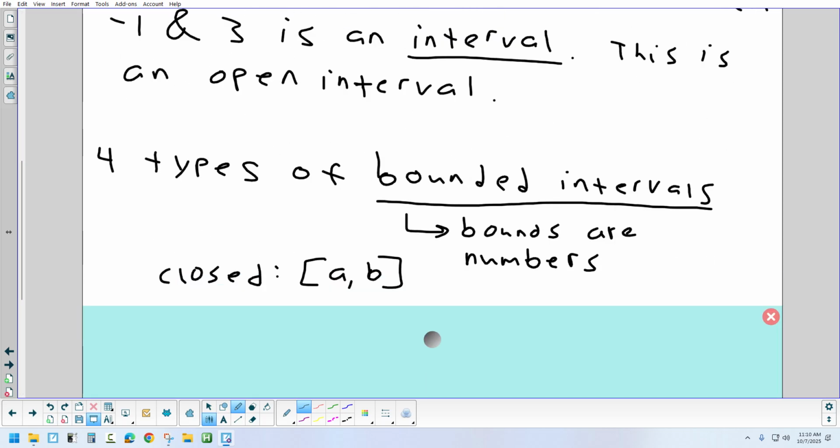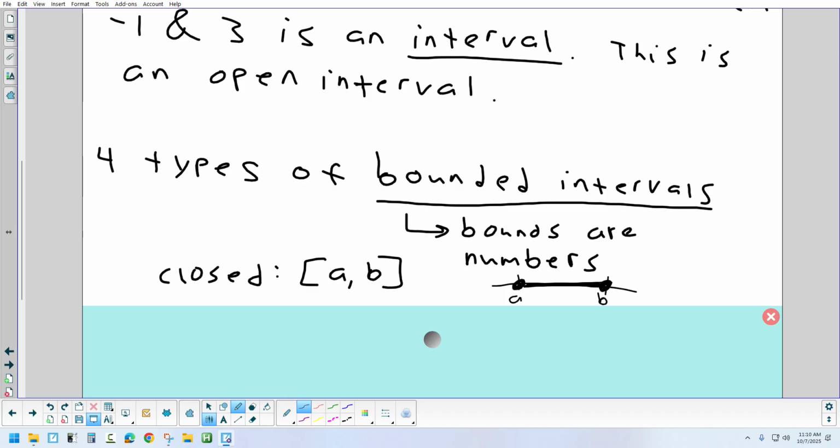One example of a bounded interval is that it can be closed. What closed means is that if you're going between the 2 numbers a and b, you can include the a and you can include the b and everything between. So closed means you can include a and b. Right? Versus the opposite of a closed interval.